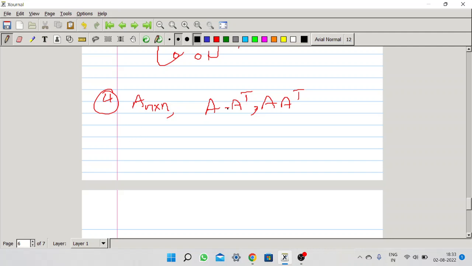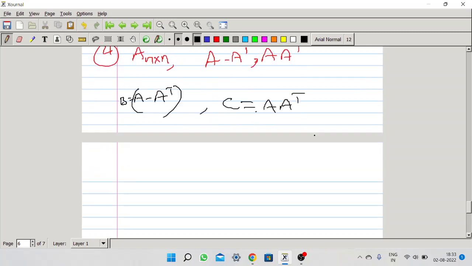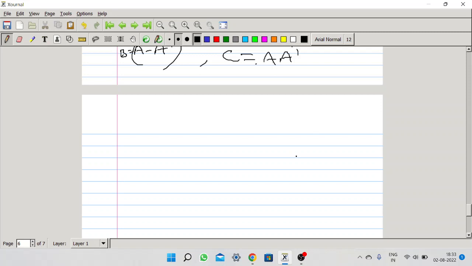Firstly, deal with A minus A transpose. Let me call B equal to A minus A transpose, and C equal to A into A transpose. Now we will check B transpose and C transpose. B transpose is nothing but A minus A transpose whole transpose.